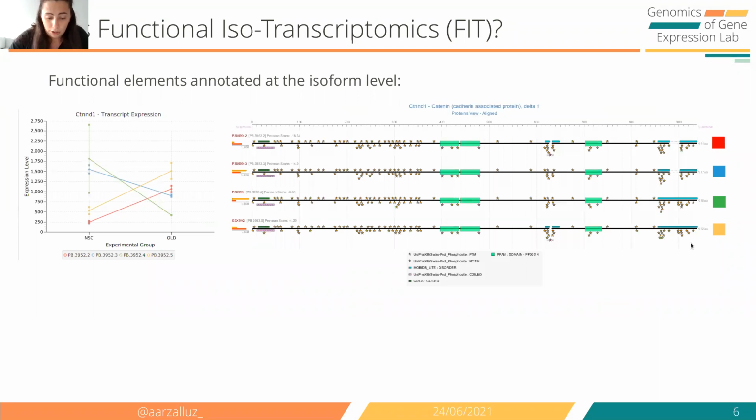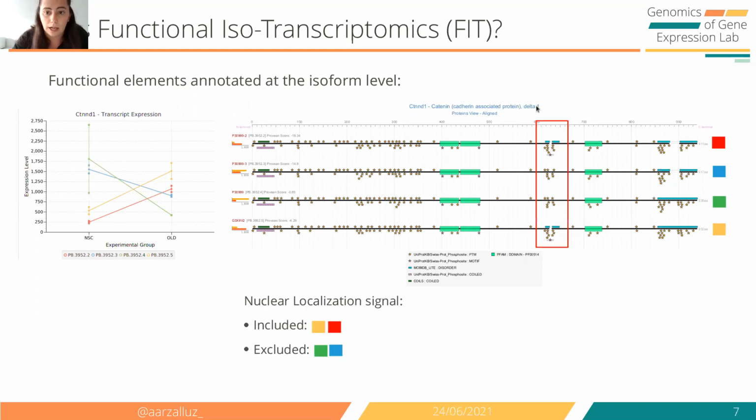Thanks to the functional annotation that I have just described, we know the correspondence between these isoforms and their expression and the functional features, motifs, domains, and so on that they contain, both at the transcript and at the protein level. Take, for instance, this nuclear localization signal here, which is included in two of the isoforms in the catenin delta gene and is excluded in the other two.